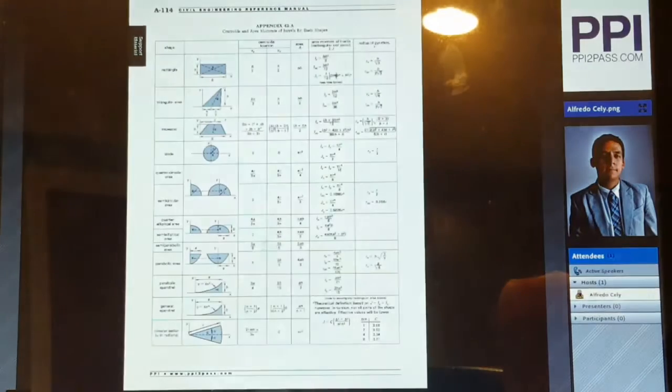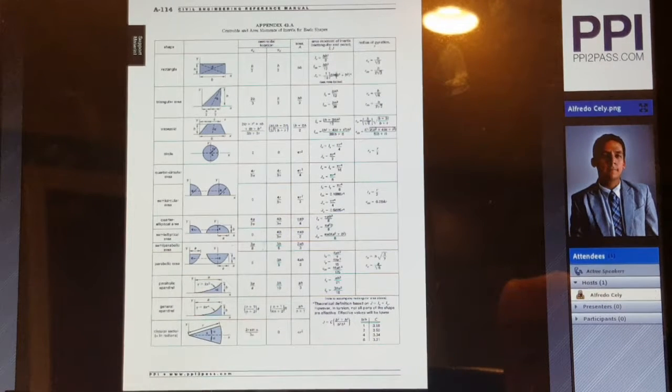Now, I want to point out some key appendices within CERM that you may want to have tabbed for the breadth portion of the exam. Note that some of the appendices in CERM also will apply for the depth portion of the exam if you're taking that part on the structural subdiscipline of civil engineering.